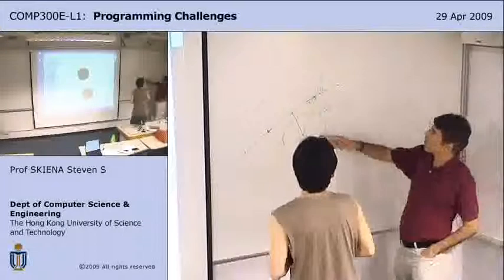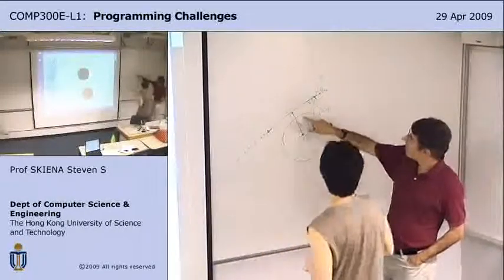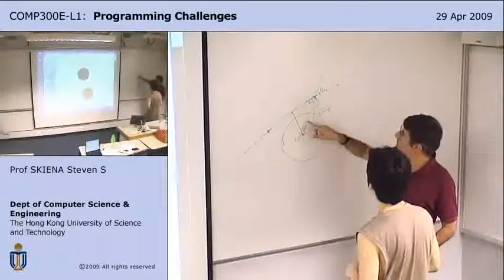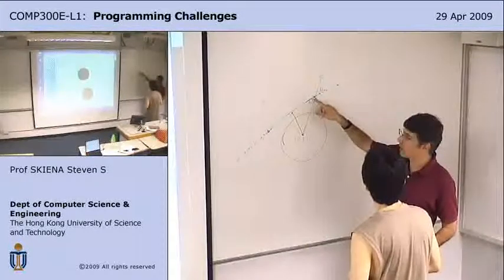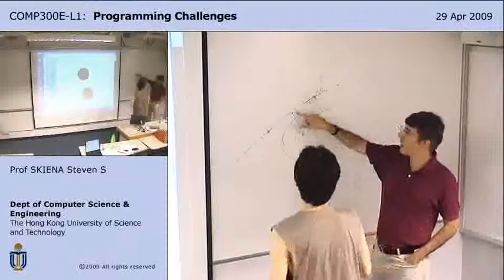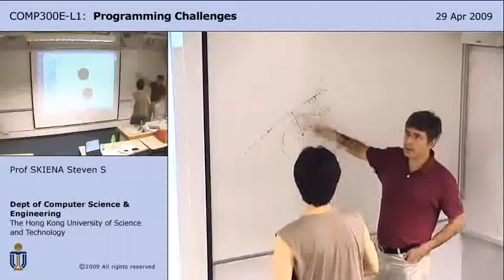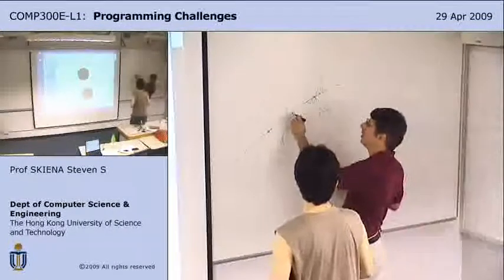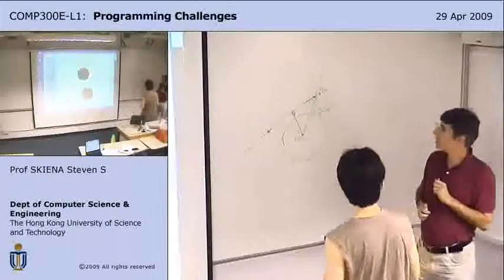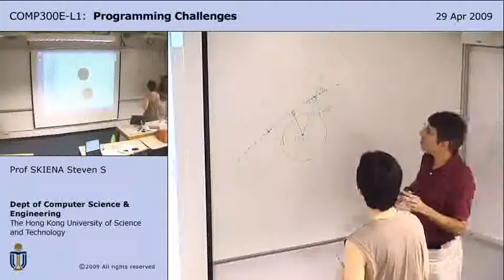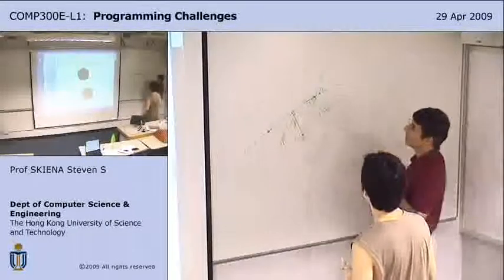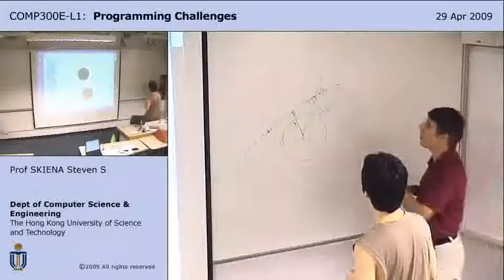Okay, so what you're saying is that you're making use of the fact that you can find what this angle is, and you know that this is a right triangle? Yes. So the claim here is, you want to find this distance, d. What do we know? We know this side.